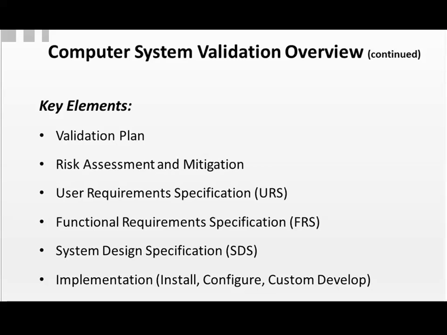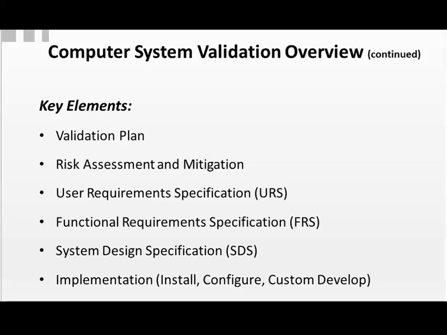And then after your URS, you want to break that down into a detailed functional requirement specification. These are specific things that the system has to do, and they should be unique and testable. The requirement specification tells you what the system will do. The system design specification tells you how it will deliver that. It could also be a configuration design specification if it's a configurable system.